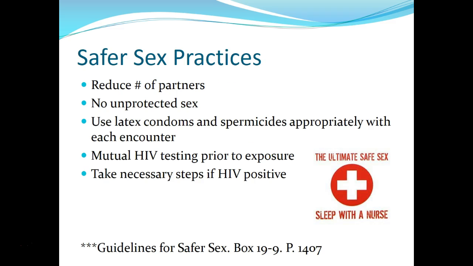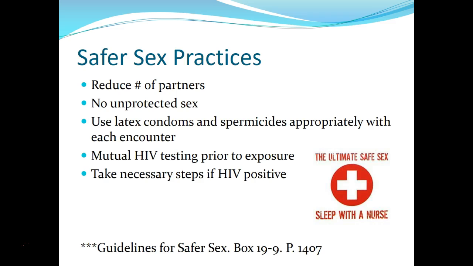So, what can we teach in regards to safer sex practices? Well, we have to reduce the number of partners. Have no unprotected sex. So we want to educate people to use condoms or spermicides and to do that appropriately and with every encounter they have.